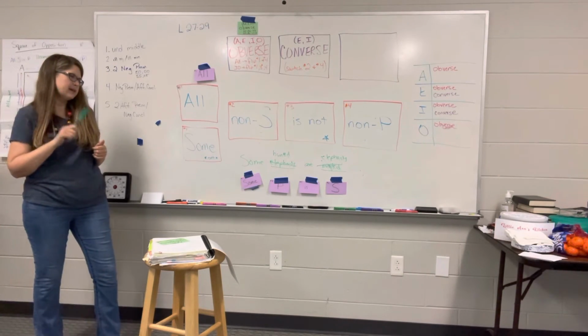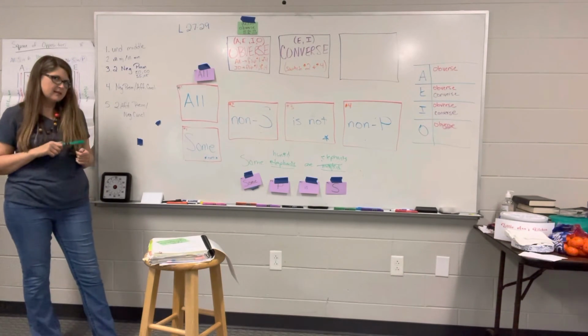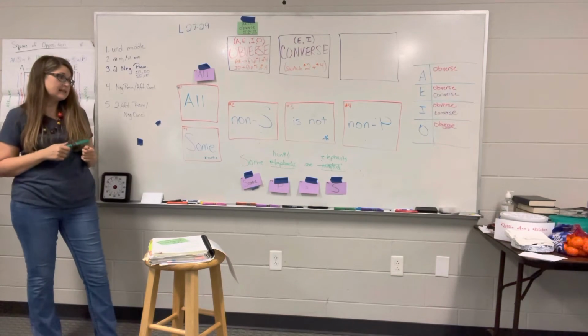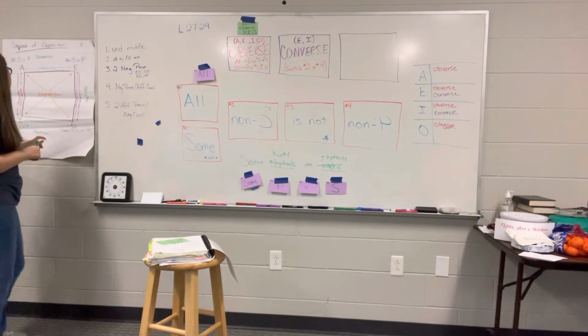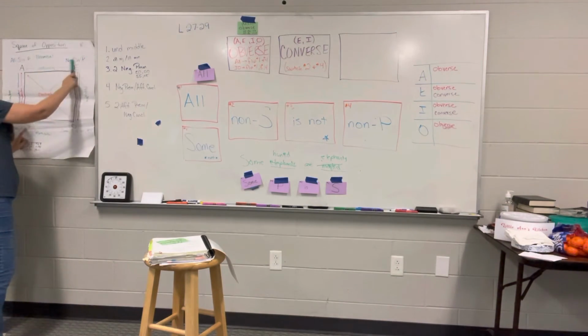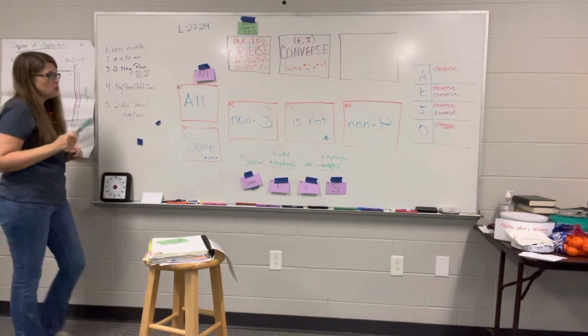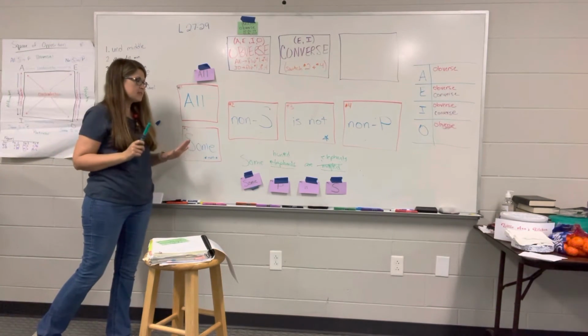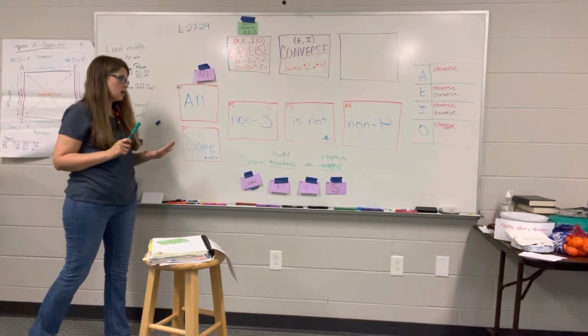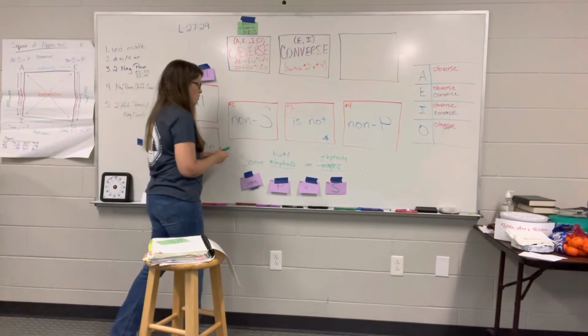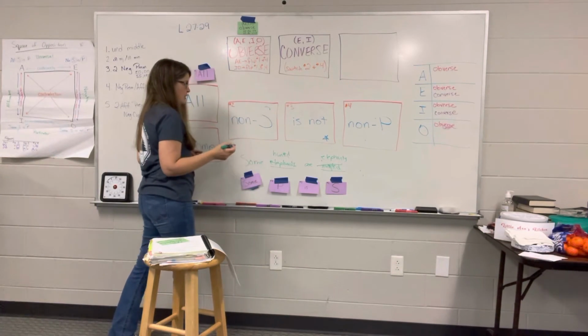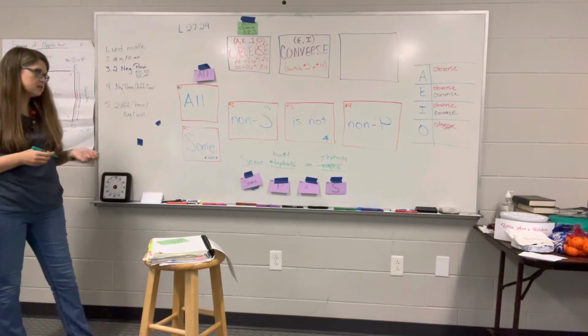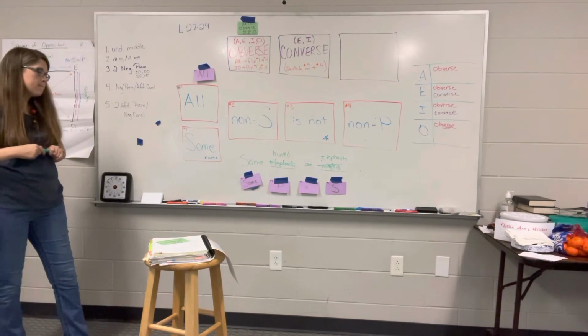E and I, it doesn't matter which order. But it does not work on other statements. If it also said no elephants are hunted, it would be no hunted are elephants. Okay? Now, a couple of things.